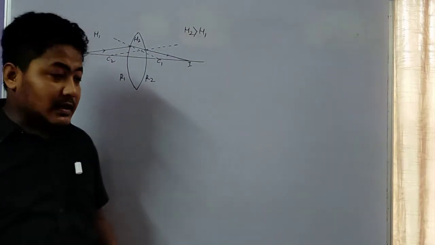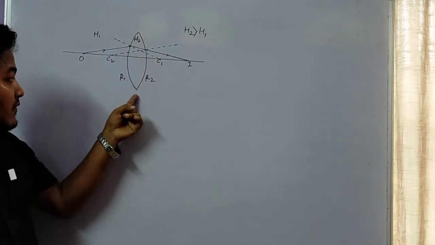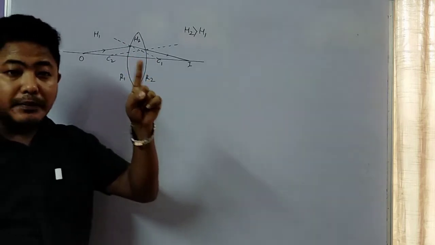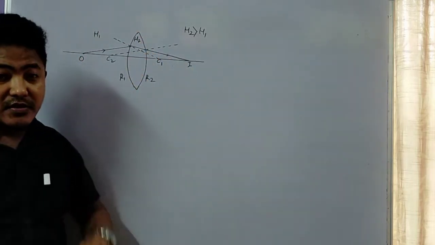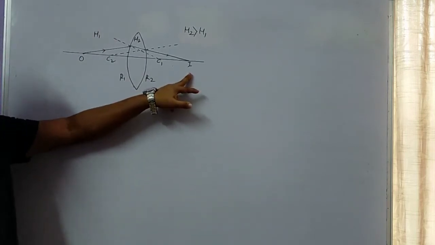Now interestingly, the image I of the first spherical surface will behave as the object for the second spherical surface. Understand? As a virtual object.